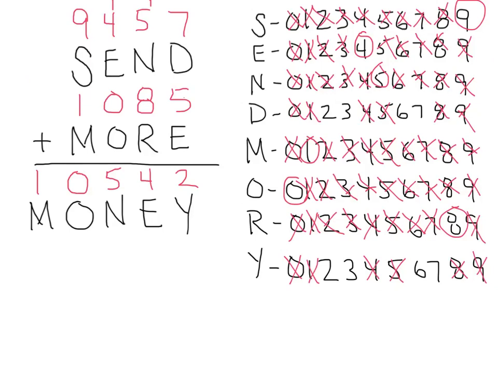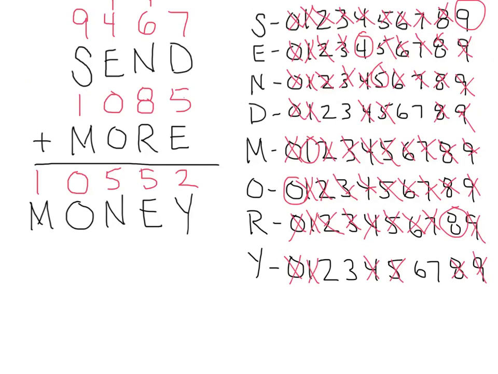Let's say N is 6. Here we go. 1 plus 6 is 7. 7 plus 8 is 15. So again, this E isn't 4 anymore. It's 15. Carry the 1.